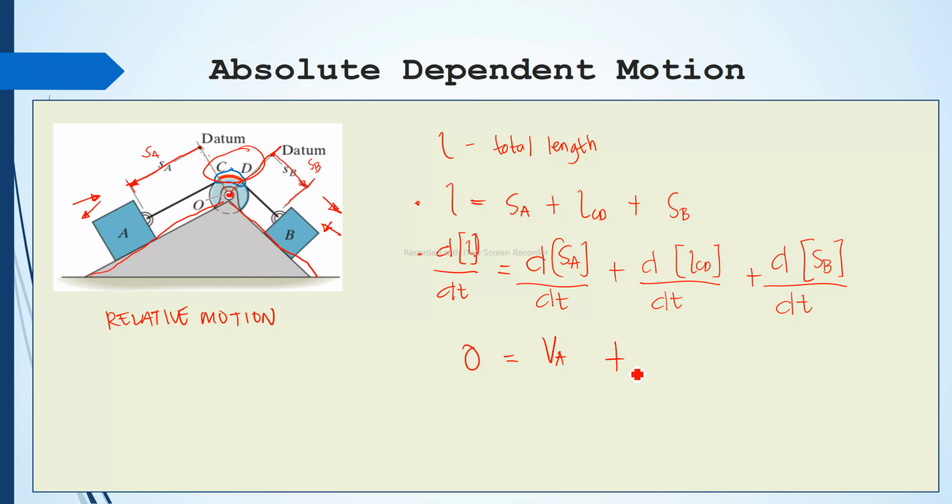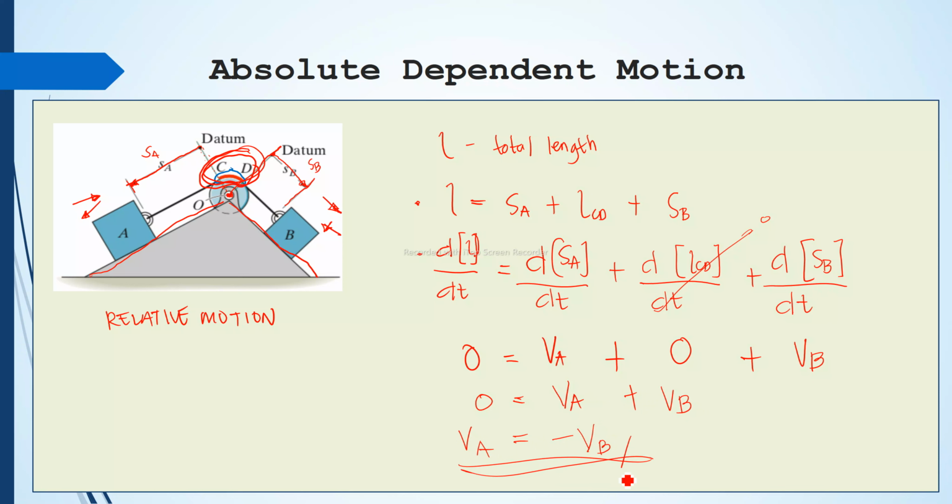We know that the length CD also remains constant through time, so that is also equal to 0. And here we'll have the derivative of SB. So we remain with 0 equal to the velocity of A plus the velocity of B, or simply the velocity of A is equal to the negative velocity of B. So this is the analysis of the absolute dependent motion of two particles in motion.